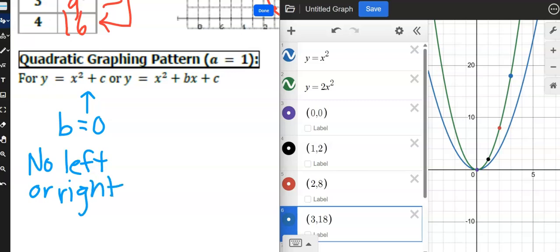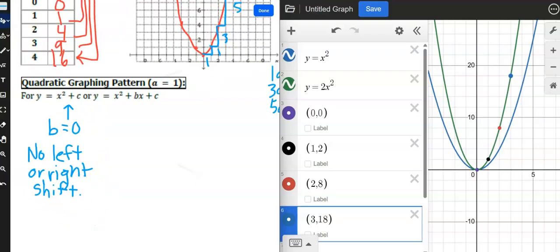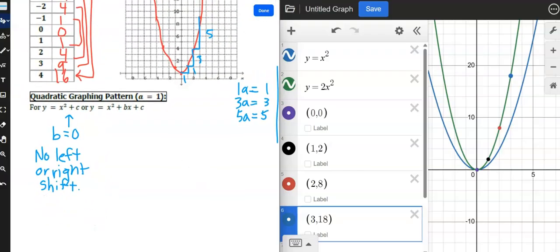The vertex doesn't shift at all, left or right. That does happen sometimes. I just wanted to point out to you that if we don't see a B value, that means we know that the B is a 0. Okay, let's go to the next.